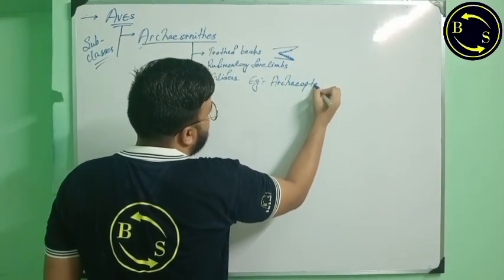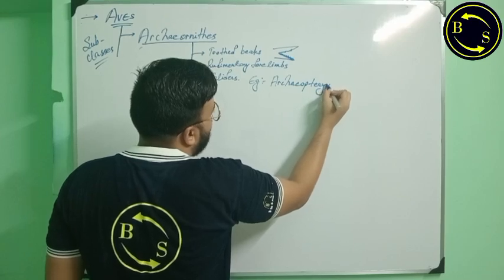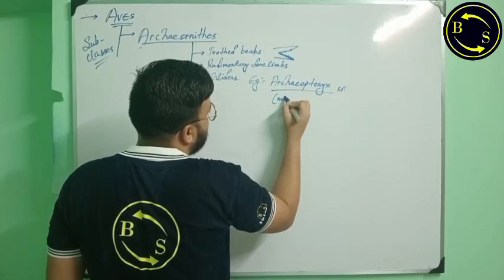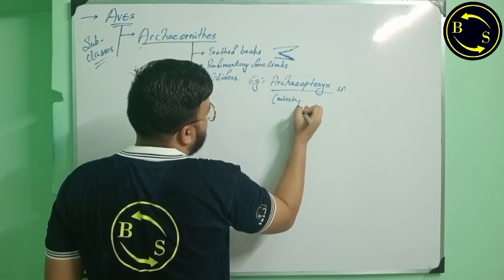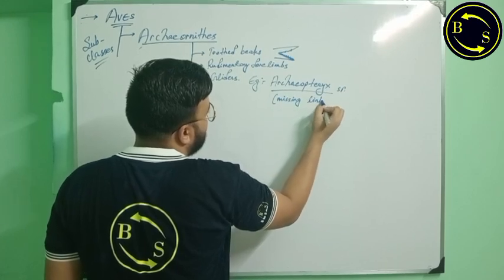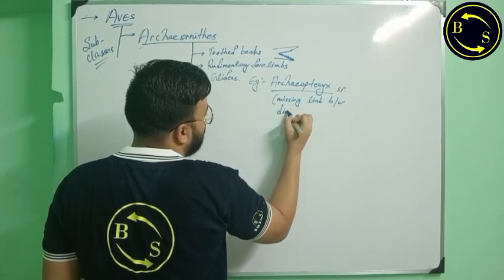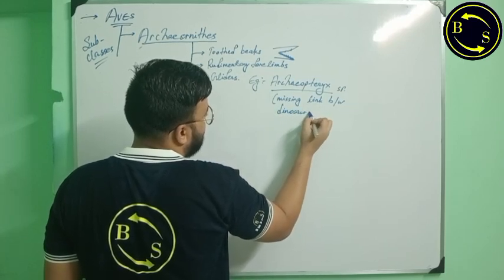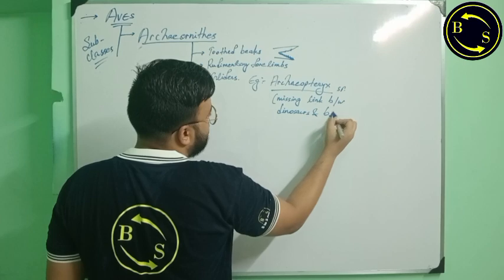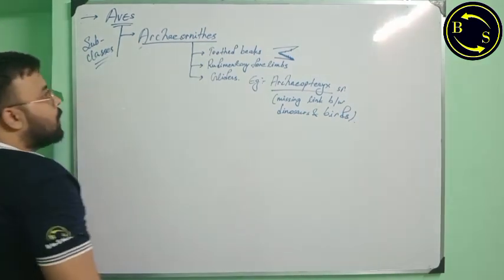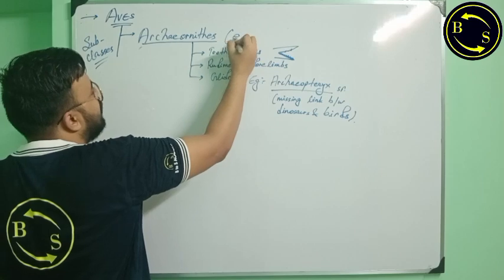The archaeopteryx is commonly known as the missing link between dinosaurs and birds. They are all extinct, okay?